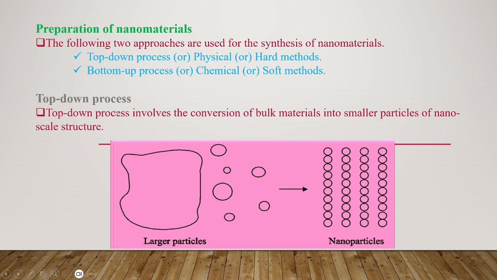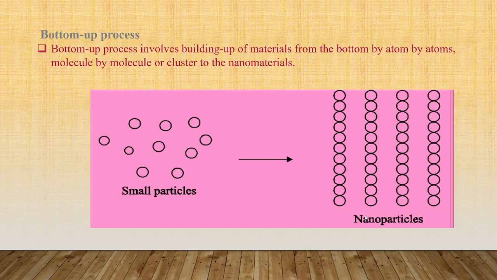In the top-down process, the nanoparticles are prepared from bulk materials, where the bulk materials are converted into smaller size particles. Whereas in the bottom-up process, smaller particles are combined atom by atom, molecule by molecule or cluster into nanoparticles.